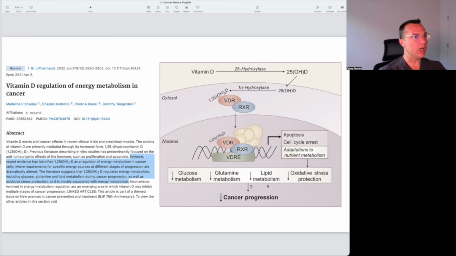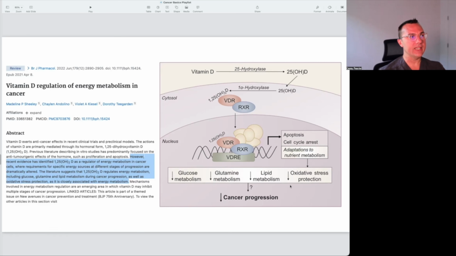So let's unpack why this is interesting. Well, vitamin D by itself is not necessarily an antioxidant, but it functions through at least two major antioxidant response elements, one of which is called the NRF2 pathway, and one of which is called the Klotho pathway. And those two antioxidant response elements are generally going to have a pro-antioxidant effect.